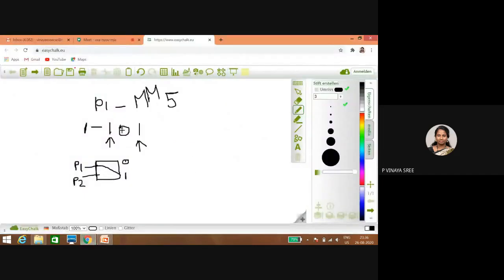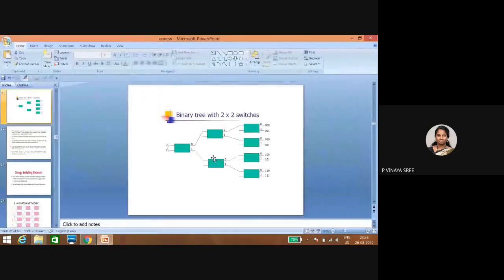Next is 0, so it is connected here. 0 means upper, so it is connected to 0. From 0, this is your middle bit 0, and 1 is the least significant bit, the last stage. So it is connected and you are getting 1. So finally processor 1 accesses memory module 5, 101.